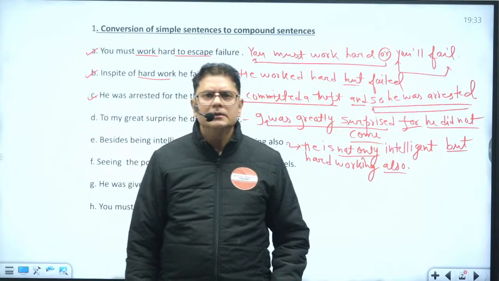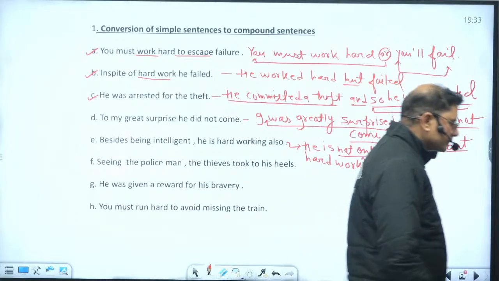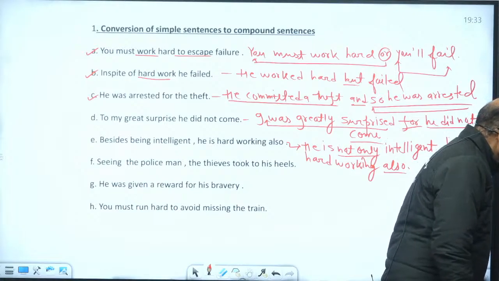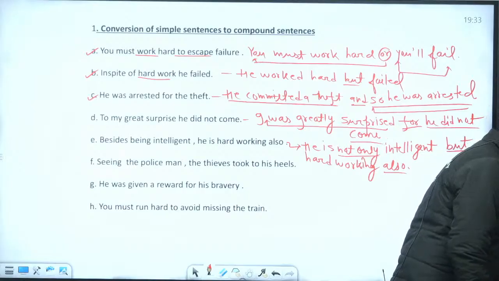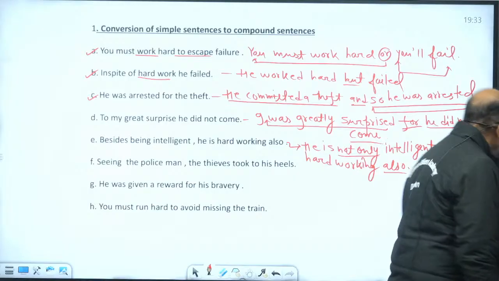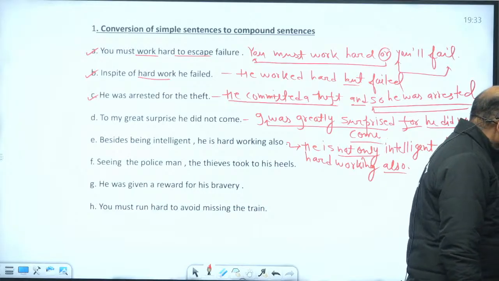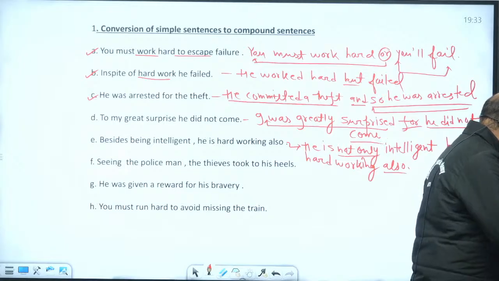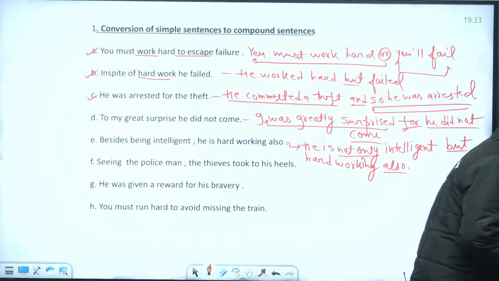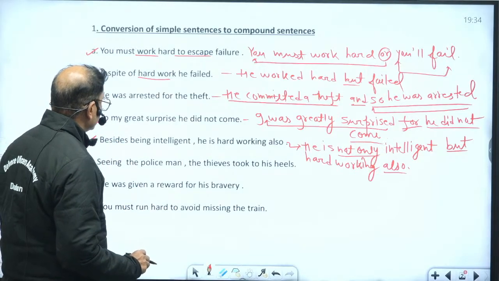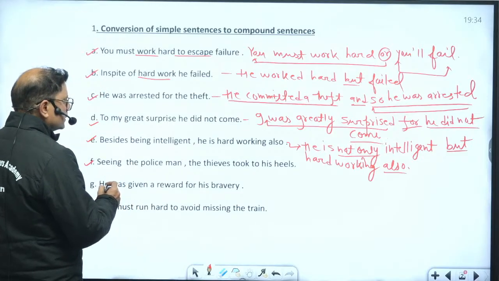So both will work the same. Next one. Okay.